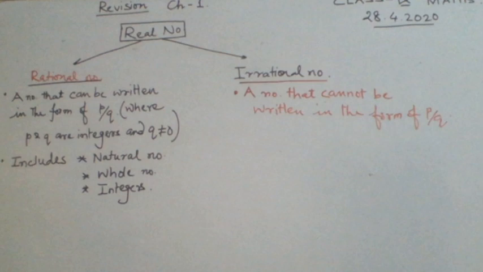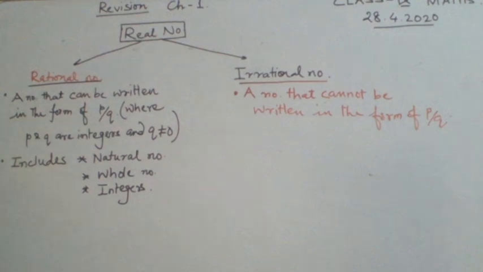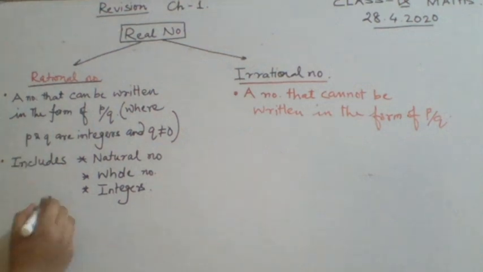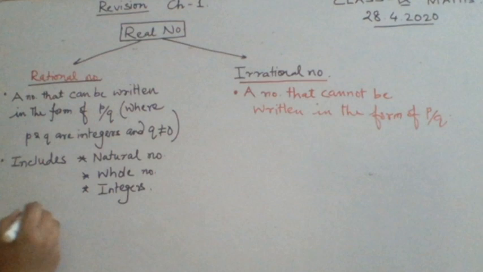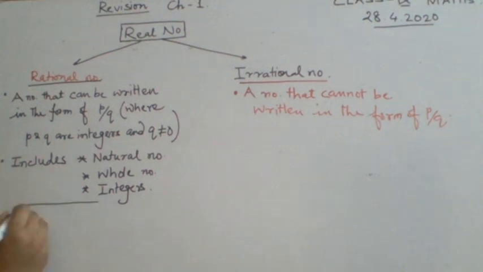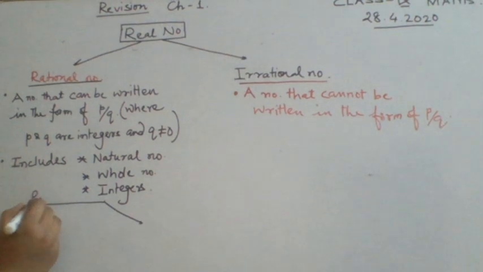Now then comes rational numbers and their decimal representations. Rational numbers, their decimal representations are of two different types.